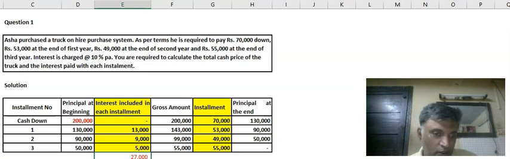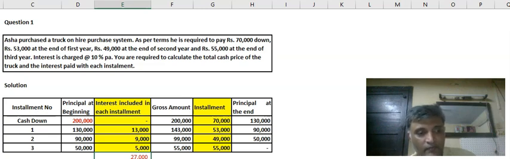Now, a small change in this problem: what happens if the installments are half yearly and the rate of interest is 10% per annum? The format and everything remains the same, just that instead of 3 installments you're going to have double the number.